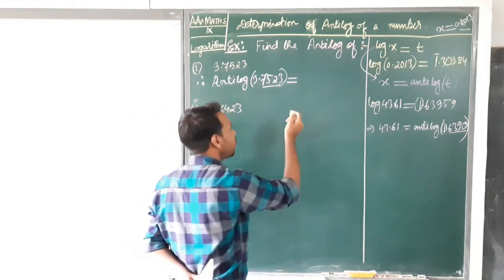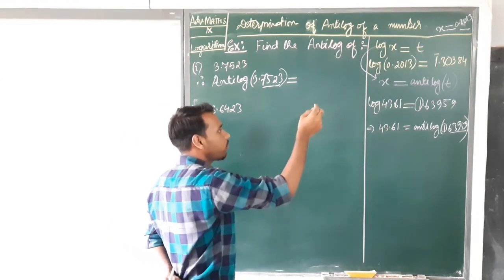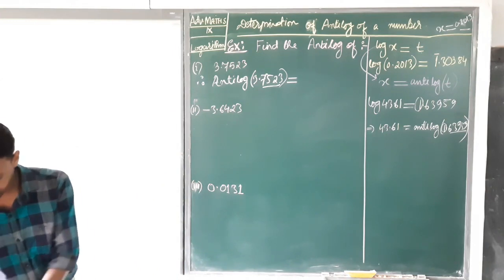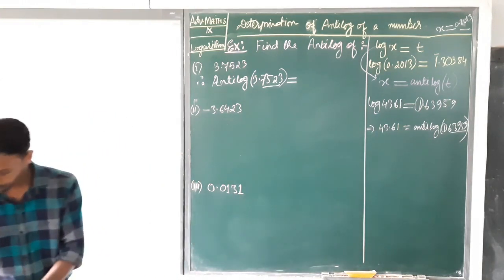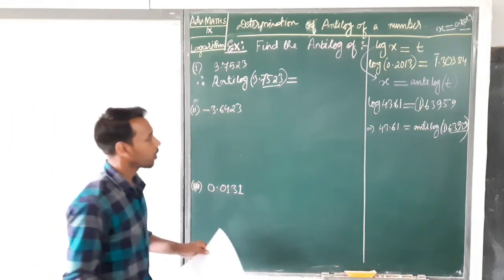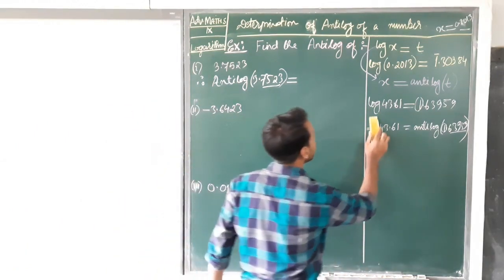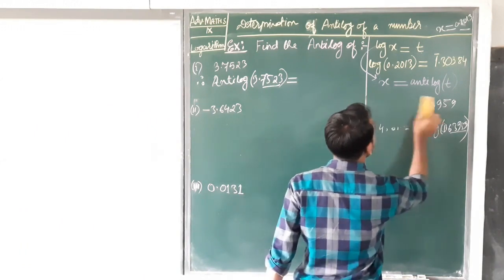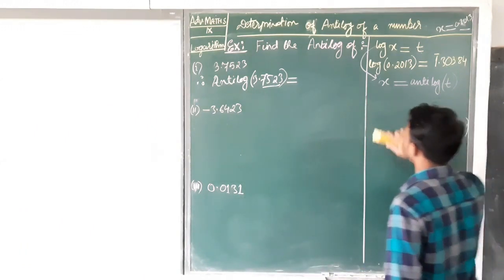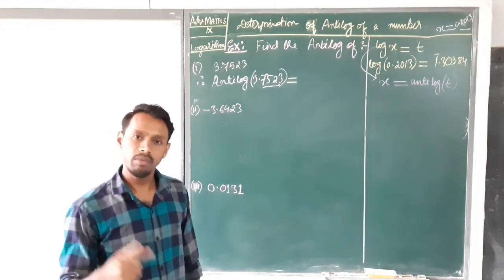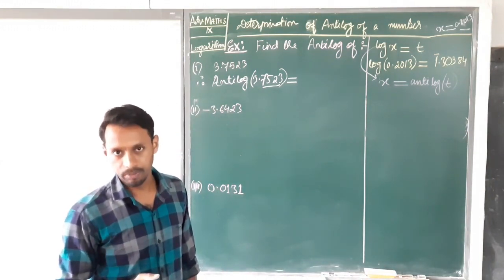So what we write is, we will first try to use the antilog table. Okay, let's see how to use antilog table. The way we have used log table, in a similar way we can use antilog table also.